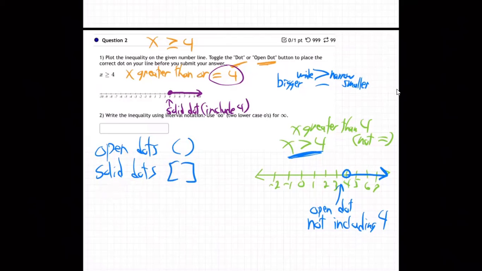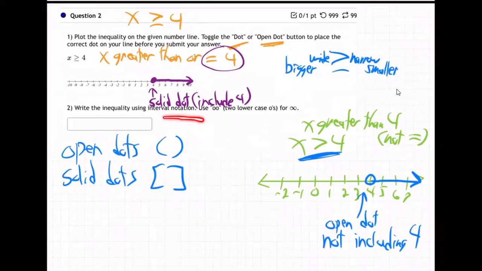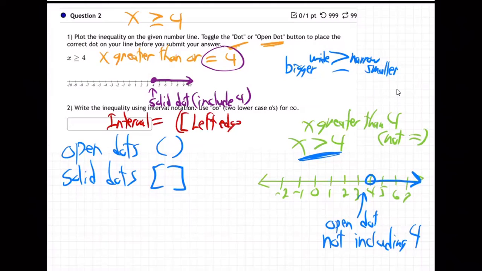Okay, so what's all this mean? Well, I need an interval. They want me to write down here an interval. And how do I write the interval? Whenever you write an interval, you're going to write a parenthesis or bracket, whatever it needs, then the left edge, comma, right edge, with another parenthesis or bracket or whatever.